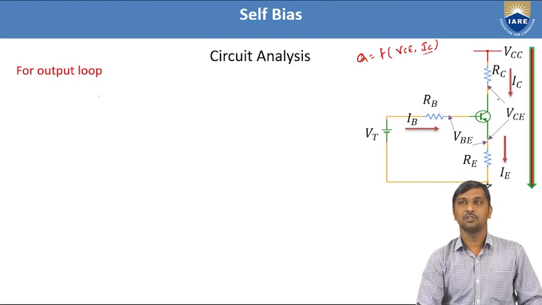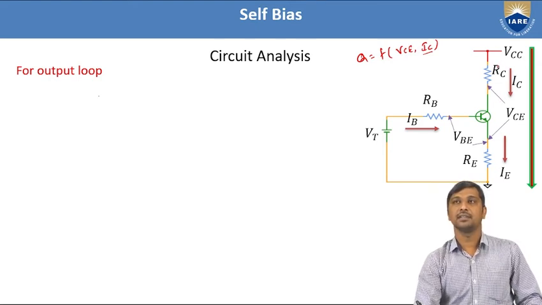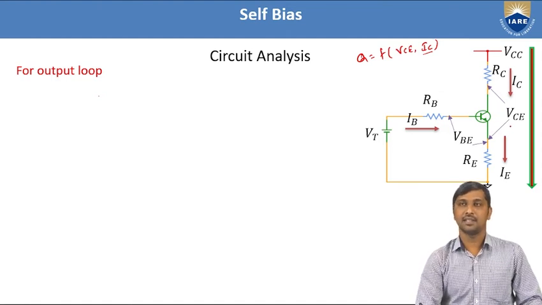If you consider this output loop, then we need to write the KVL loop, where the entering source is VCC. VCC is equal to the voltage drop across the collector resistance, IC times RC, plus the potential difference between collector and emitter, VCE, along with the voltage drop across the emitter resistance, IE times RE.